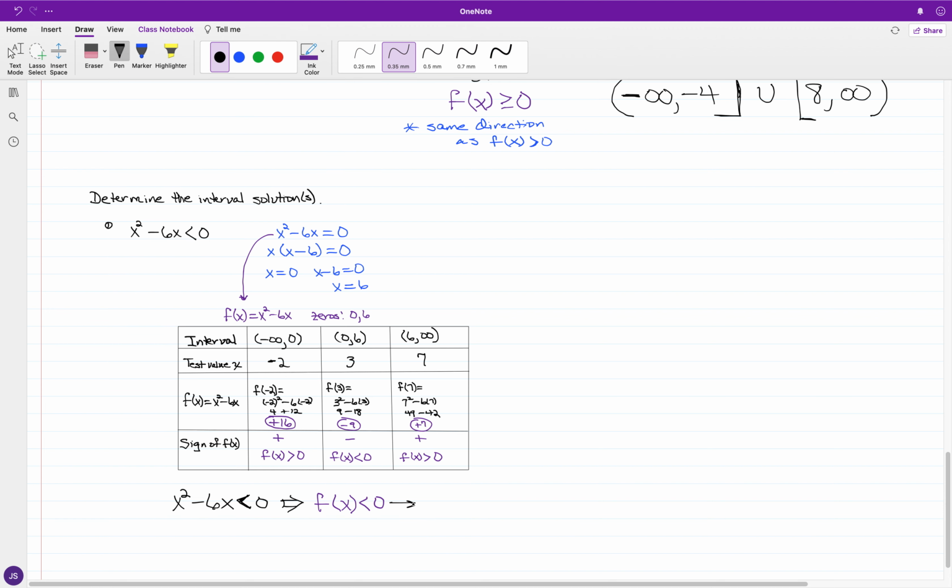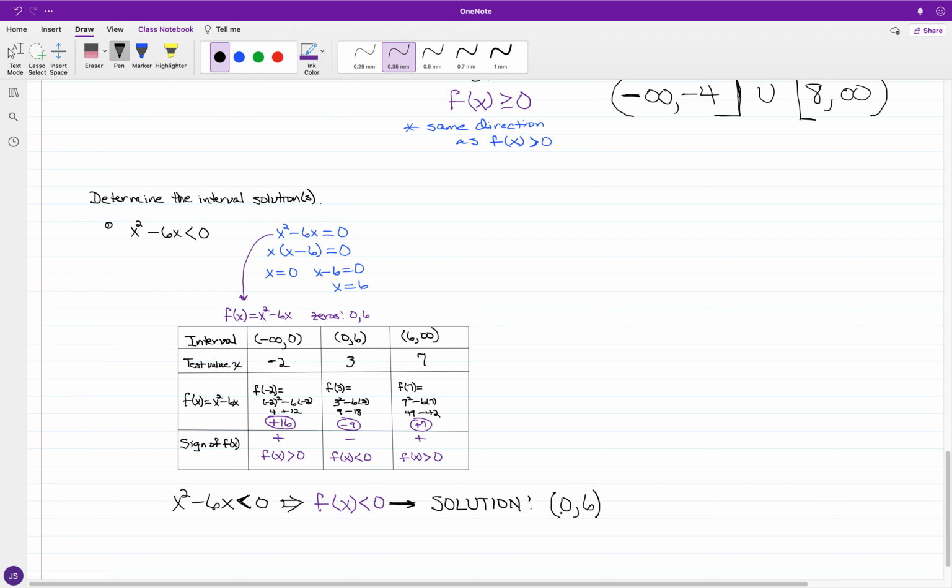And just looking at what we have referencing from the table, we're going to have for the interval solution, okay, f of x is less than 0, so looking at the column heading, it'll be exclusively those values of x such that 0 is less than x is less than 6. Okay, so that would be the outcome for this one.